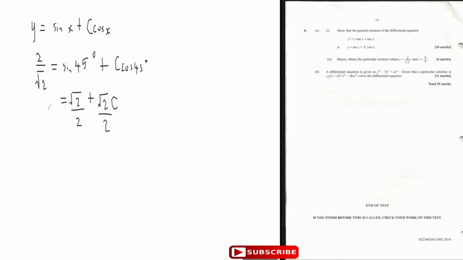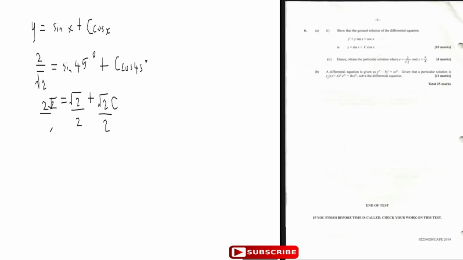And then over here we have 2 over root 2. So now we need the denominators to be the same. So I'm going to multiply this by root 2, and write this as 2 root 2 over 2.